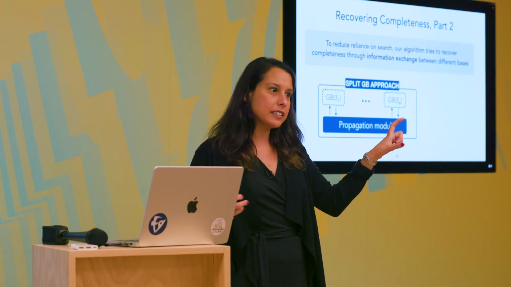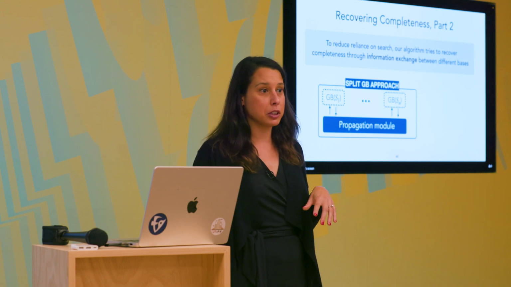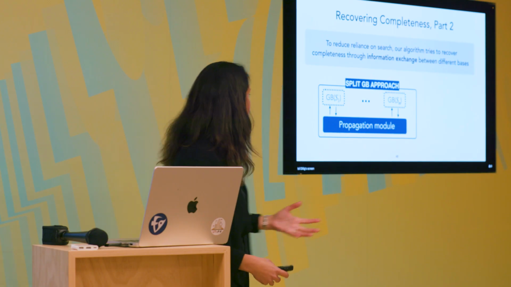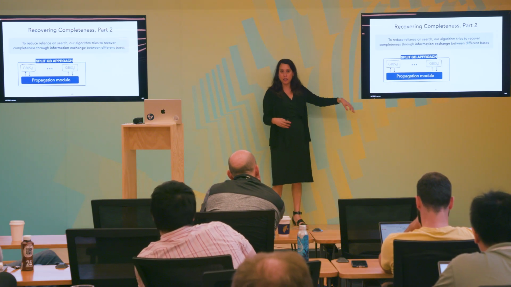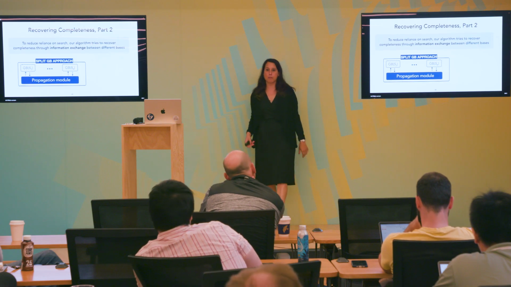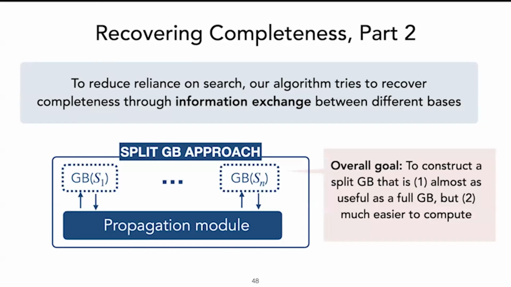If you added this, it probably wouldn't make Gröbner basis computation much harder, but it's potentially very useful. It propagates these polynomials back and forth, and you can recompute the Gröbner basis with those added polynomials. The overall goal is to construct a split Gröbner basis that's almost as useful as the full Gröbner basis, but hopefully much easier to compute than the full thing.